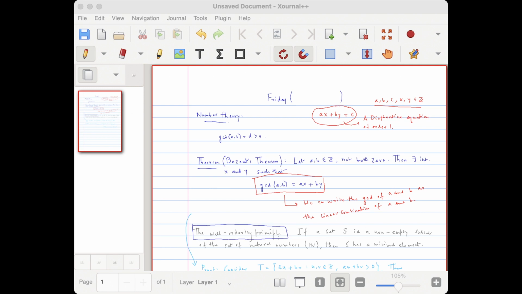It's very similar to that. Okay, let's get back to the problem.